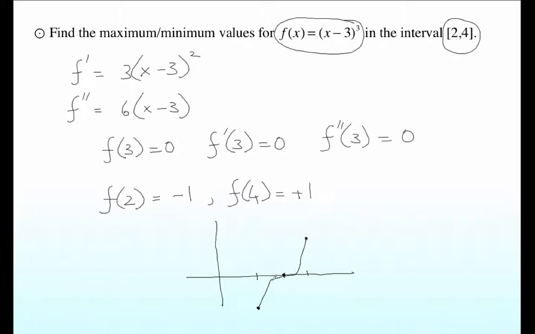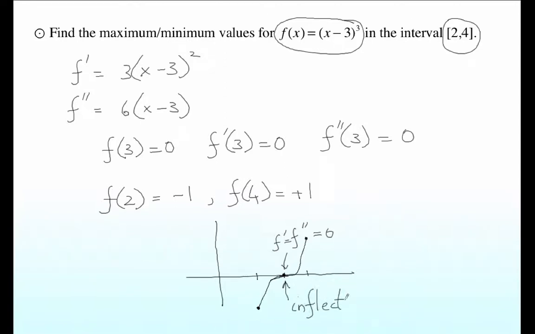So although I can't draw this very well, you see that here, at this point, we have the first derivative and the second derivative both being 0. So it's very flat over here. This point is the point of inflection.